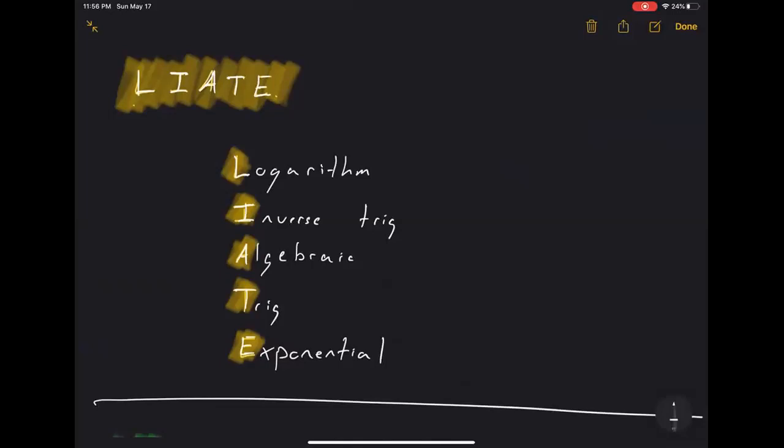So what does all this mean? Your integral has functions, and these functions usually fall into one of these categories. Whatever's higher up in this list gets priority to be u.